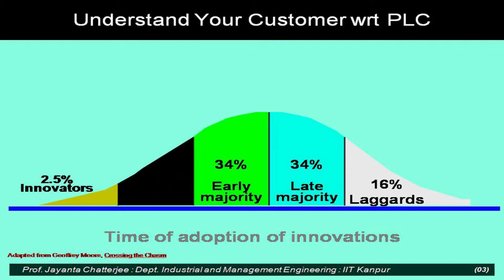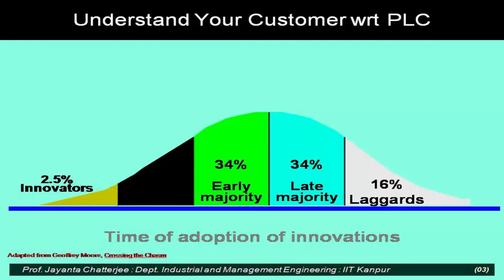The first set of buyers represent about 2.5% of the total number of people, and they are generally called innovators. And then comes the next stage. Together, these innovators and the early adopters represent about 16-17% of the total market.